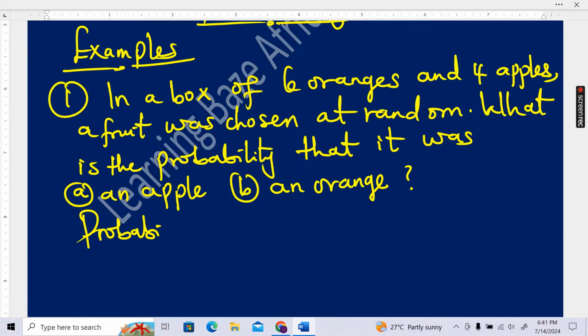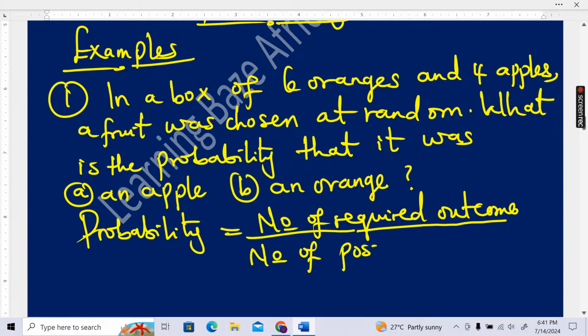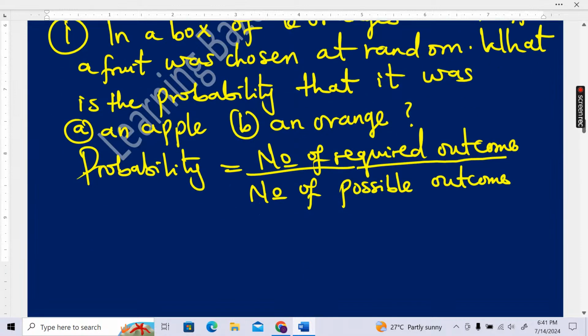The formula for finding the probability of an event occurring is equal to number of required outcome divided by number of possible outcome.